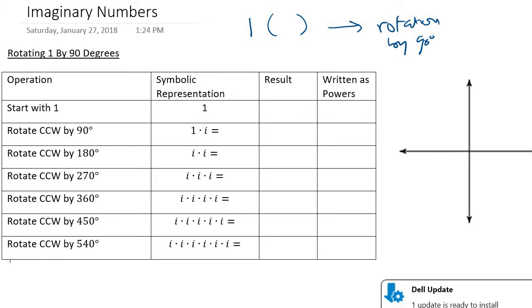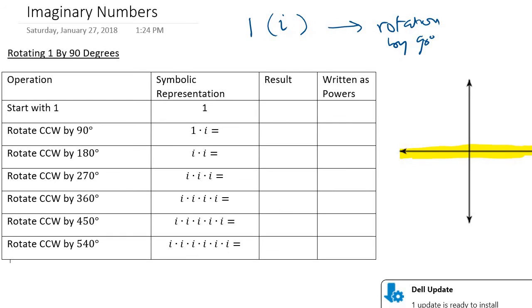Mathematicians have invented this kind of number. That number is called i. It's an imaginary number. So you have to imagine a vertical axis that is perpendicular to the real number axis. Here is the real number axis right here.